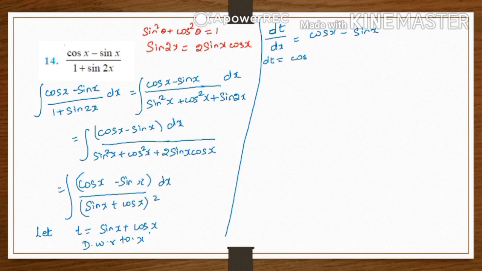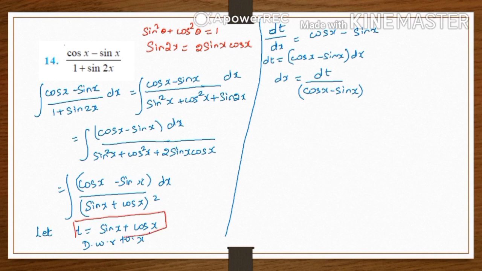So dt is equal to, just cross multiplying, cos x minus sin x into dx. So dx is equal to dt divided by cos x minus sin x. So let me highlight this t value and the dx value. I will make this equation 1.